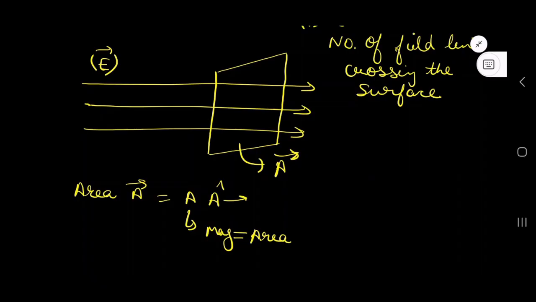And here the direction will be either positive normal to the surface, or we can say outward normal to the surface.